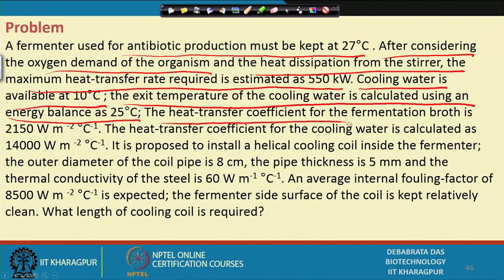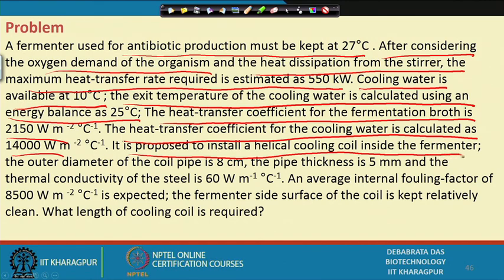Now, the heat transfer coefficient of the fermentation broth is given, and the heat transfer coefficient of the cooling water is calculated as this. It is proposed to install a helical cooling water coil inside the fermenter. The outside diameter of the coil pipe is 8 centimeter, the pipe thickness is 5 millimeter, and the thermal conductivity of the steel is 60 watt per meter per degree centigrade.